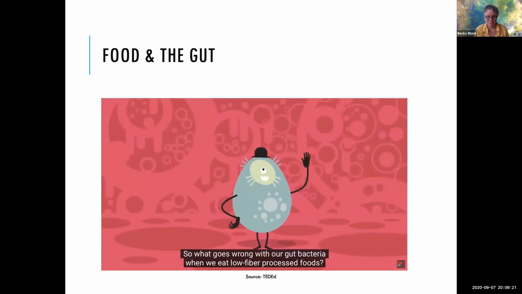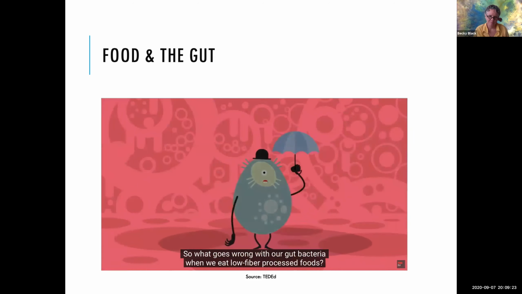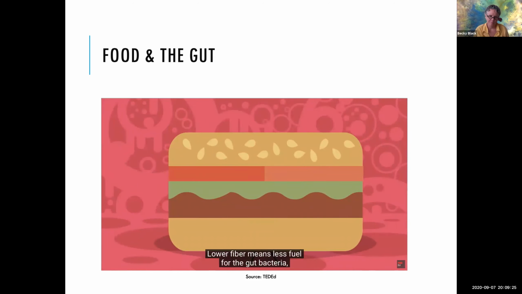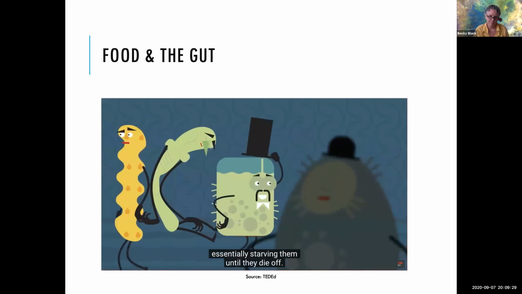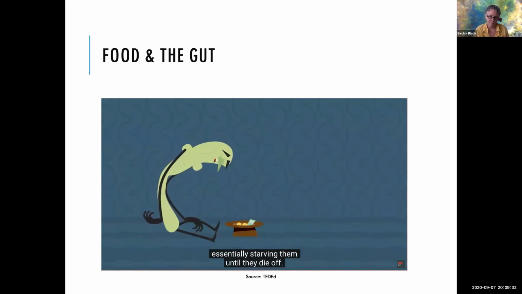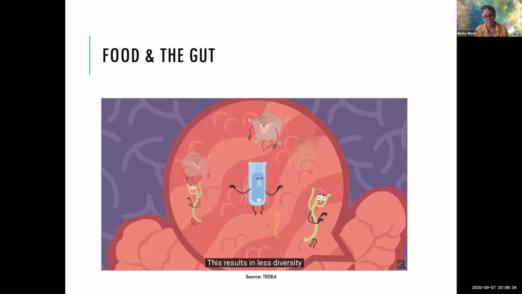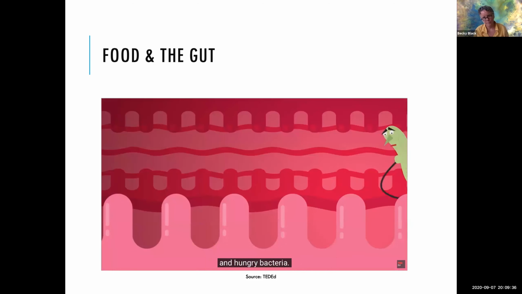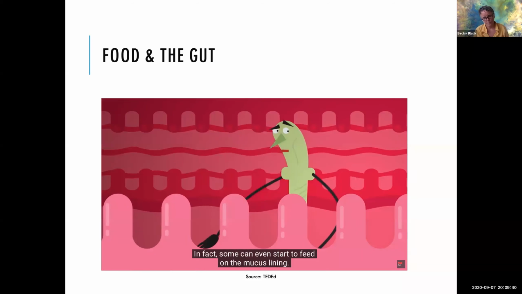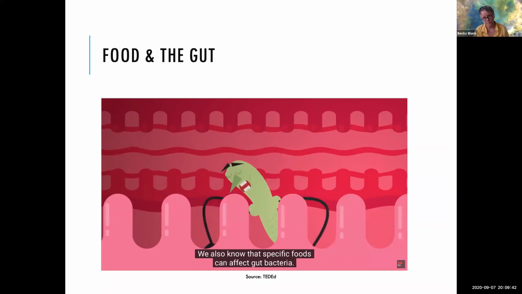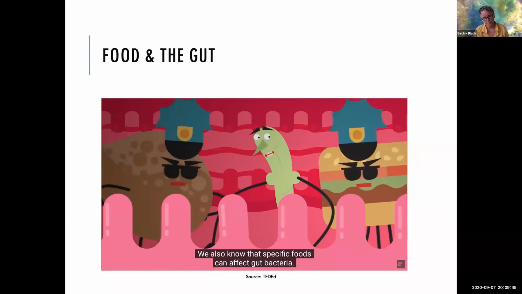So what goes wrong with our gut bacteria when we eat low-fiber processed foods? Lower fiber means less fuel for the gut bacteria, essentially starving them until they die off. This results in less diversity and hungry bacteria. In fact, some can even start to feed on the mucus lining. We also know that specific foods can affect gut bacteria.